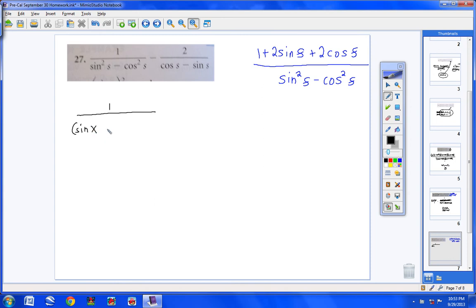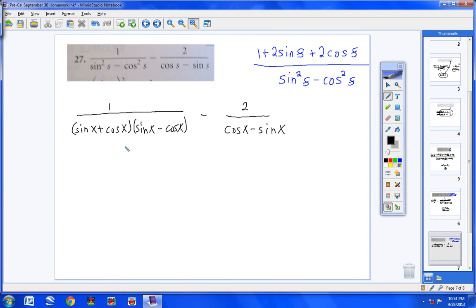So sine x, the square root of sine squared would be sine, and the square root of cosine squared would be cosine. So sine x plus cosine x, sine x minus cosine x, make one positive, make one negative, minus, and then this fraction here would be 2 over cosine x minus sine x.